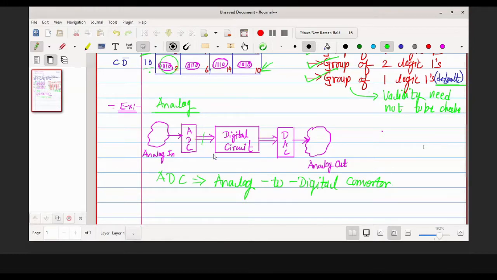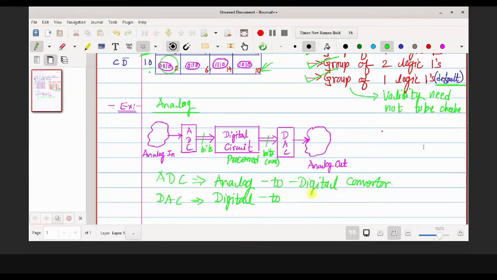That means we have the bits over here. Those bits are processed in the digital circuits, and finally the processed bits are nothing but your digital circuit output. I can call them out bits. Those are given to the DAC. This is the digital to analog converter, exactly the opposite of what the ADC is.